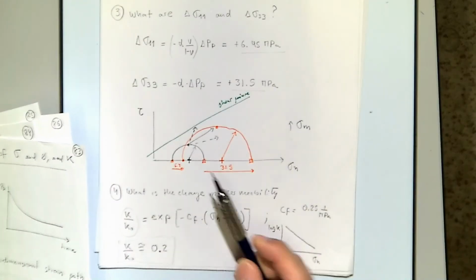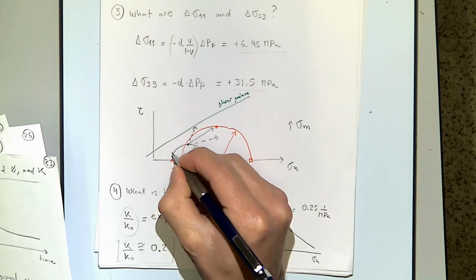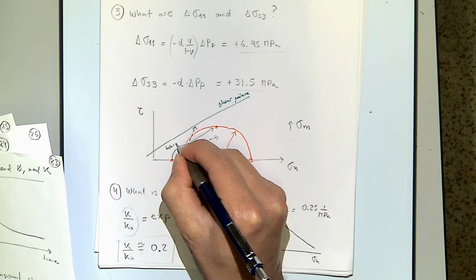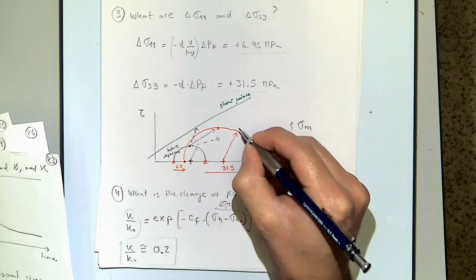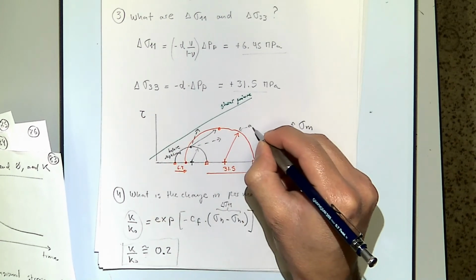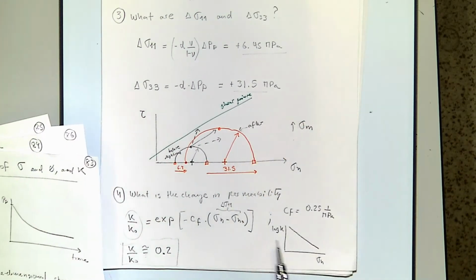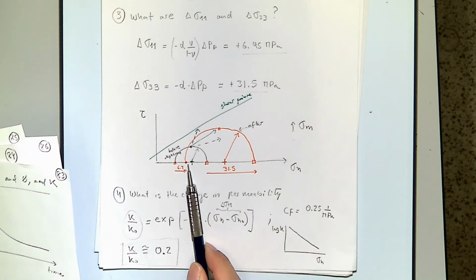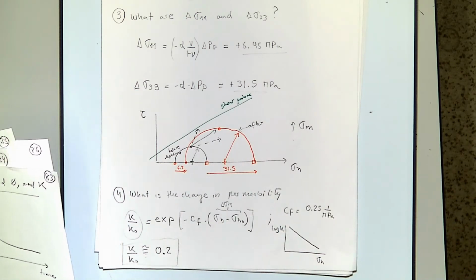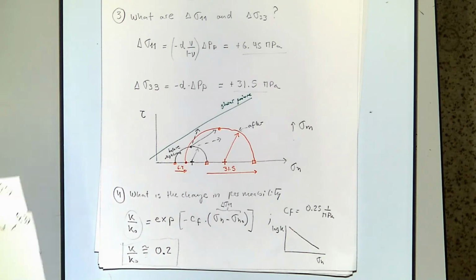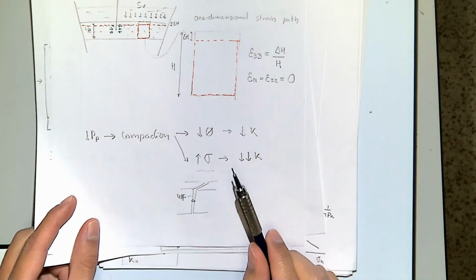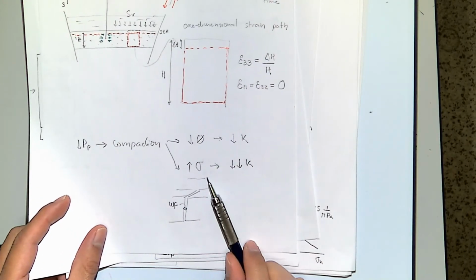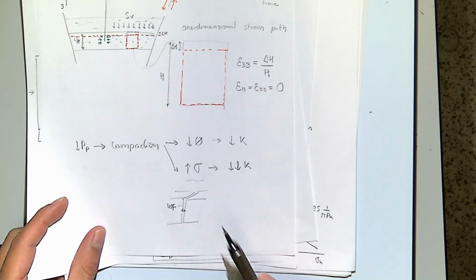It goes from this one, before depletion, to this one, after depletion. So effective stress increases, both horizontal and vertical, and together with that we usually have a decrease of porosity.